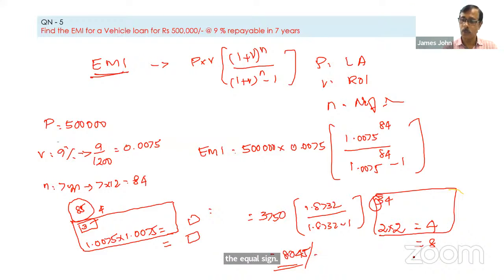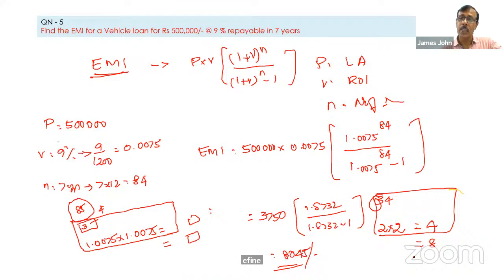You need not count. If you are very good at counting and each tap is correct, you can count 1, 2, 3 like that, but it's not required. If you are fast, in 10 seconds you can reach 84. Keep on tapping the equal sign until the left hand top corner digit becomes 85. If it is 85, it means it is the 84th power.